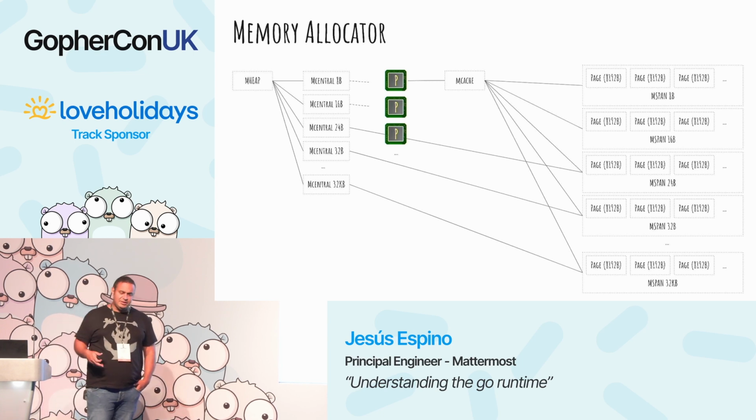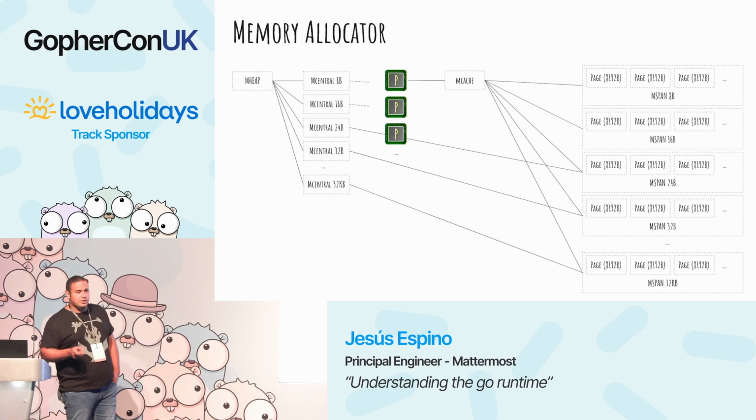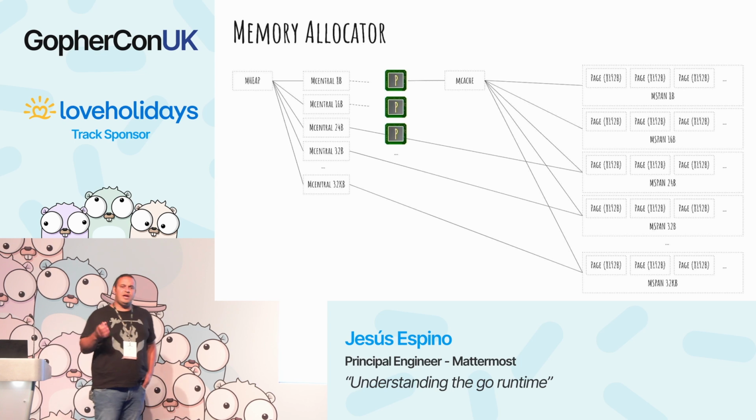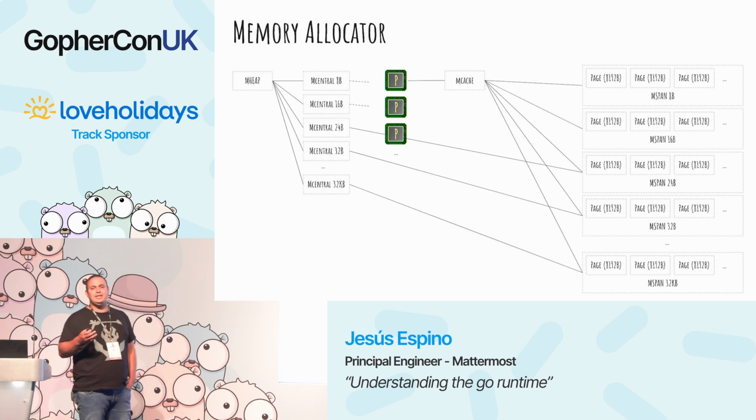Whenever you store a variable in Go, it's going to go to the MSPAN that can store it. So if you have a variable that is taking 26 bytes, it's going to go to the 32 bytes because the 24 bytes is not going to be able to store that.